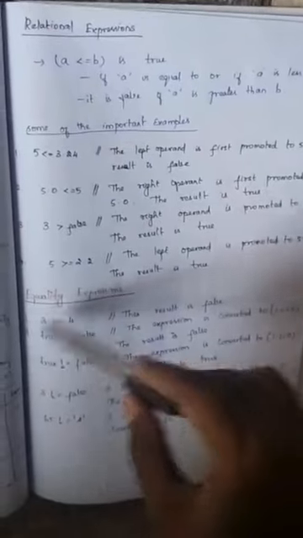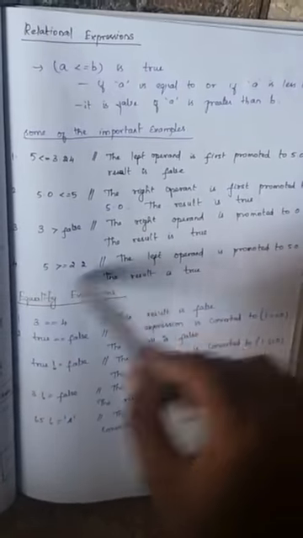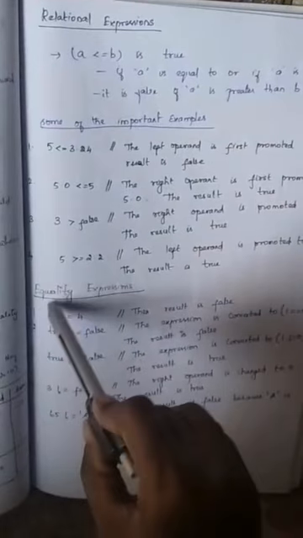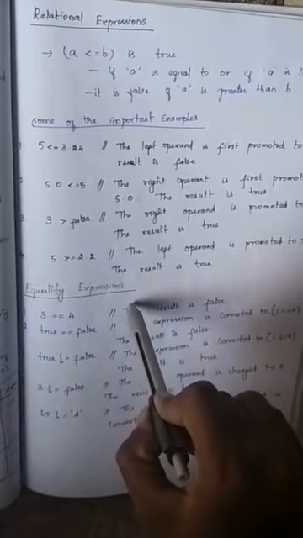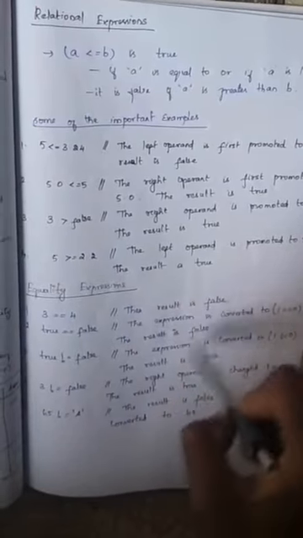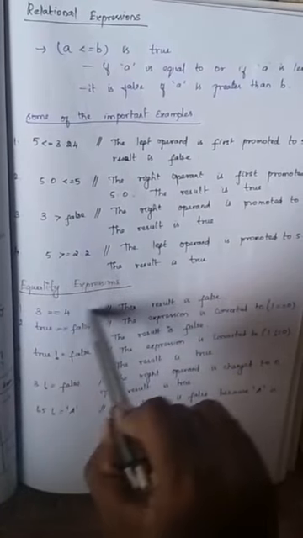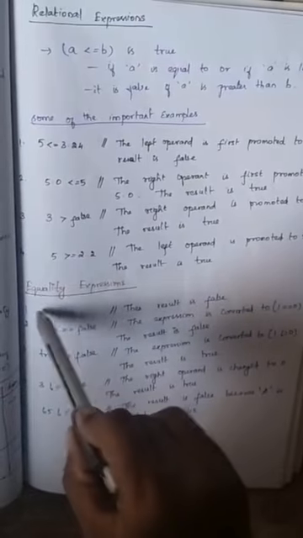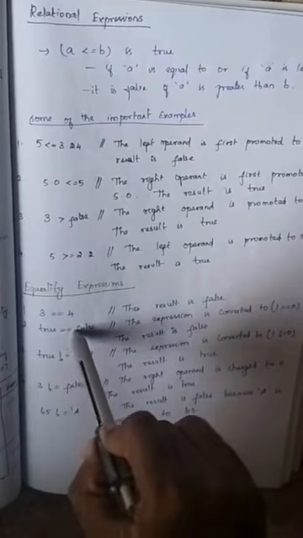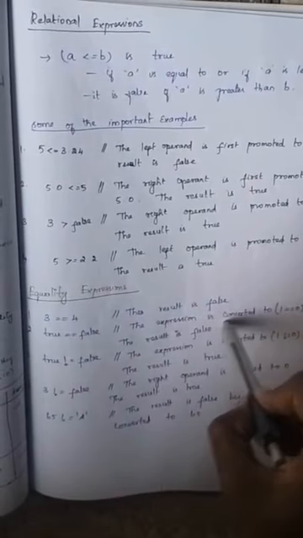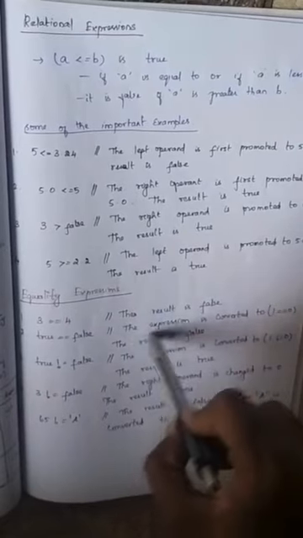Next we follow the equality expressions. 3 equal to 4: the result is false. 4 equal to 4: the result is true. True equal to false is converted to 1 equal to 0, so the result is false.